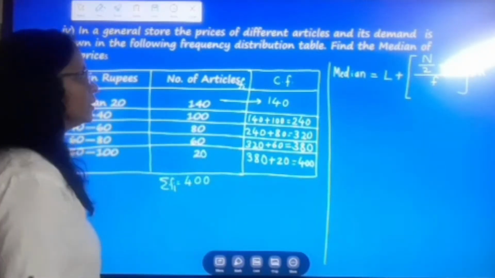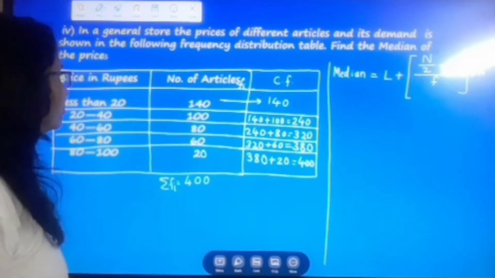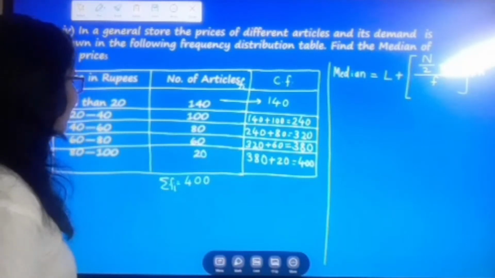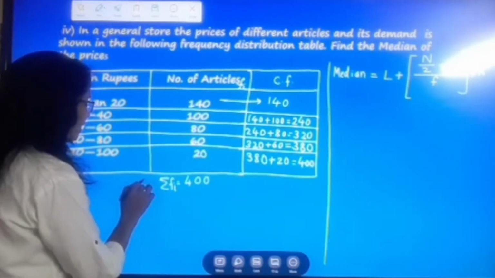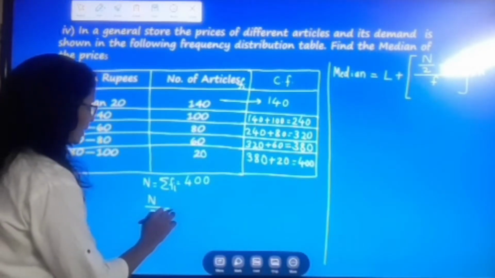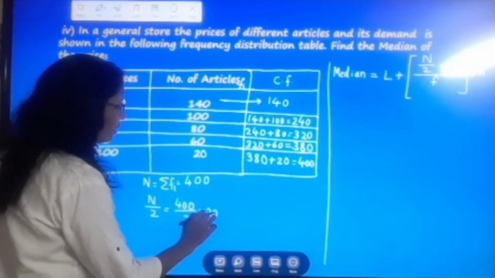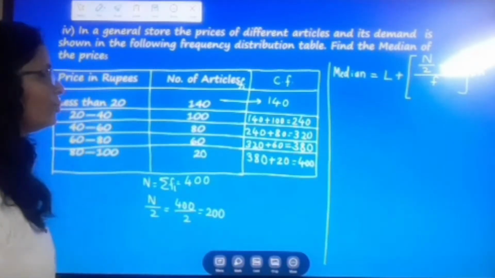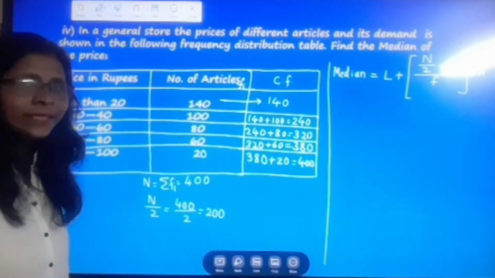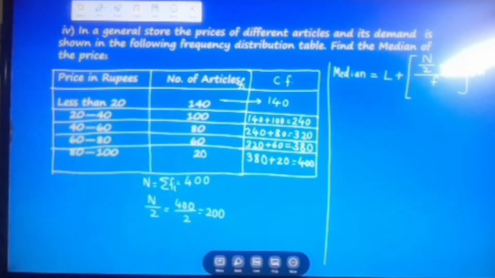So now here the L. What is the L, students? In the frequency, what is the summation Fi? It is nothing but the n, students, and n upon 2 is equal to 400 divided by 2, which is equal to 200. Okay, so now here students we choose the cumulative frequency such that it is less than 200.